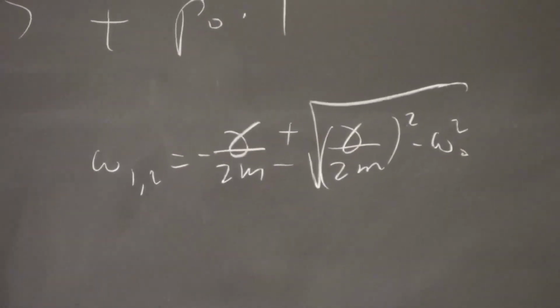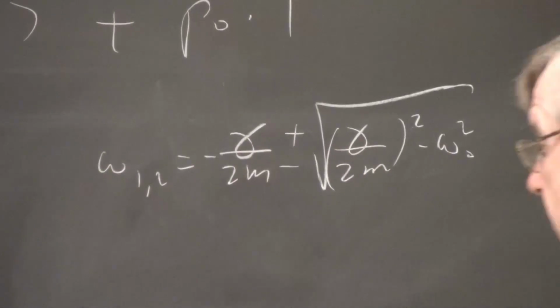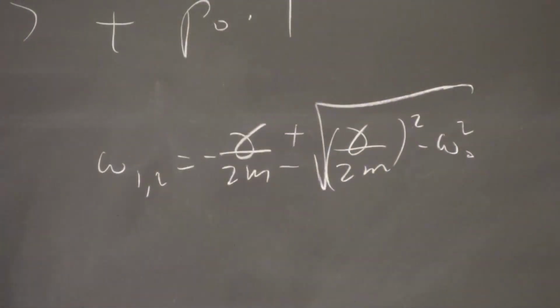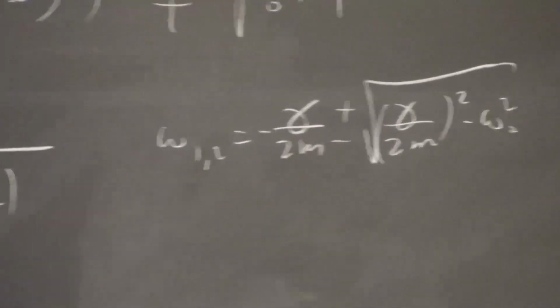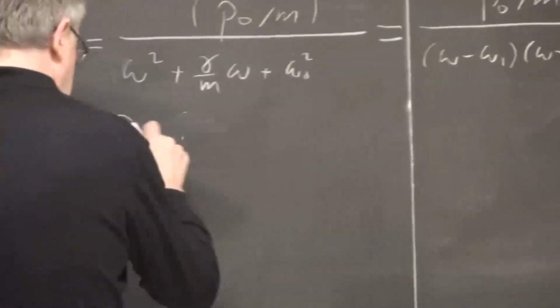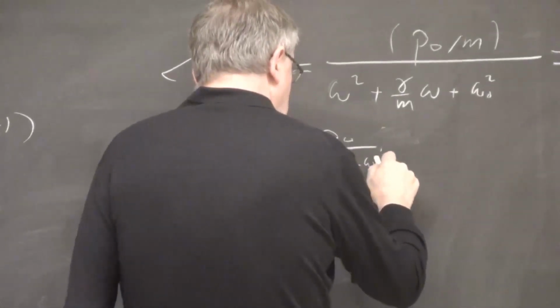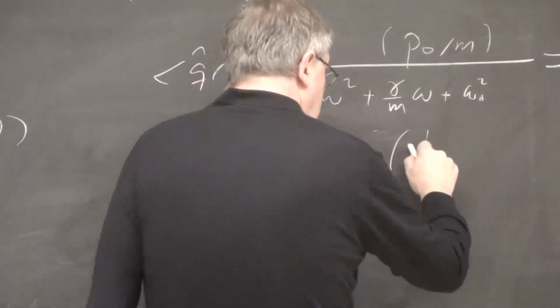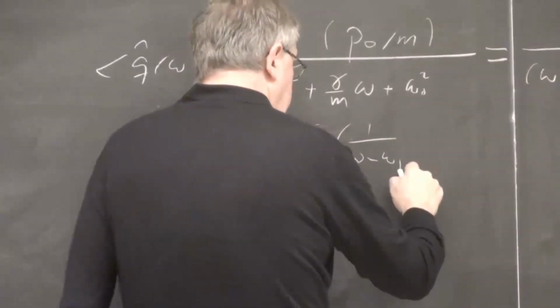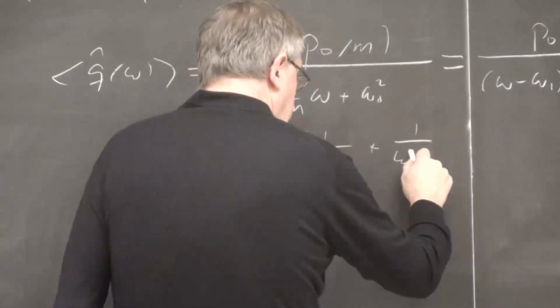Okay, so that's what we get. And now this doesn't help us quite, but what we can do is we can write it as P0 over m times omega 1 minus omega 2 times 1 over omega minus omega 1 plus 1 over omega minus omega 2.